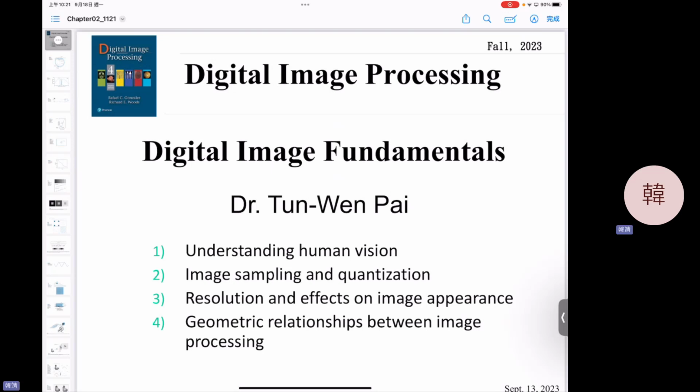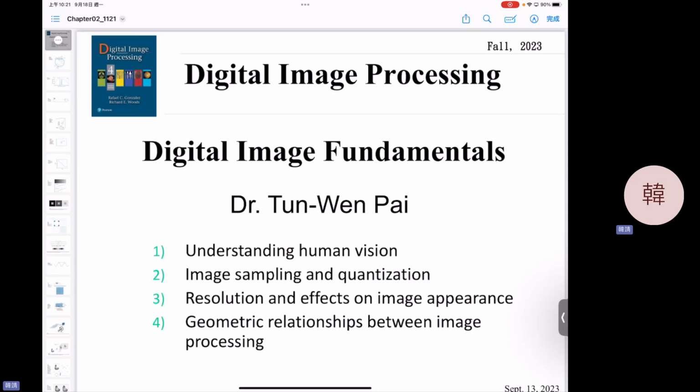Later on, we will also check the geometric relationships in image processing. Today we are going to learn what a connected component is, and how you process your image as a first step. We are going to give the first homework: you have to write a program for connected components and label each object in one image. It's very important for the first image processing step.